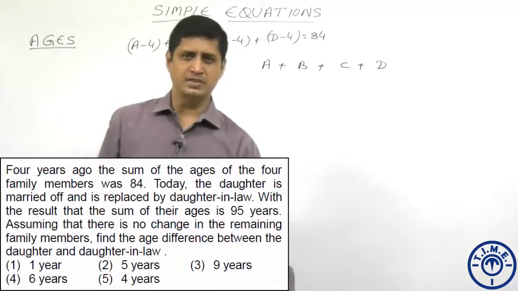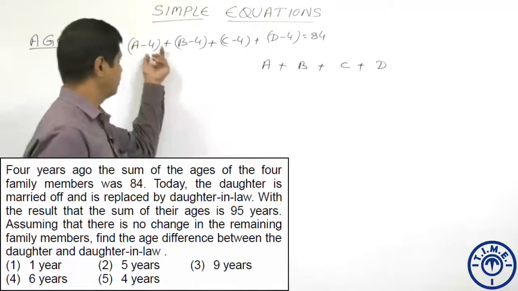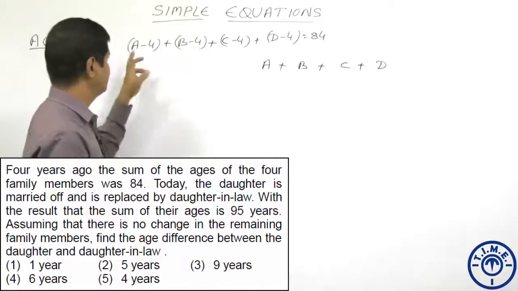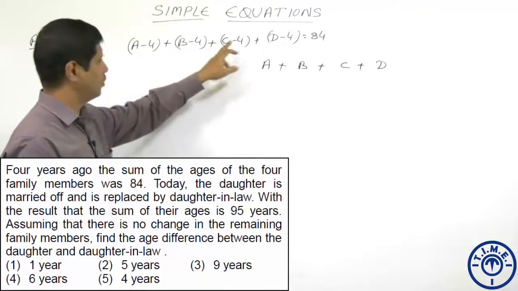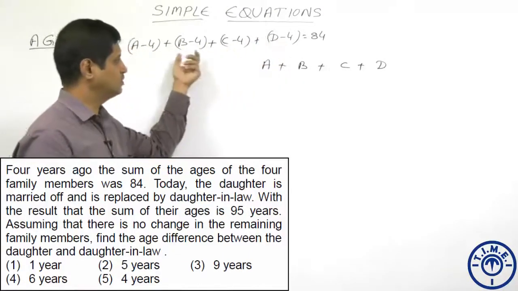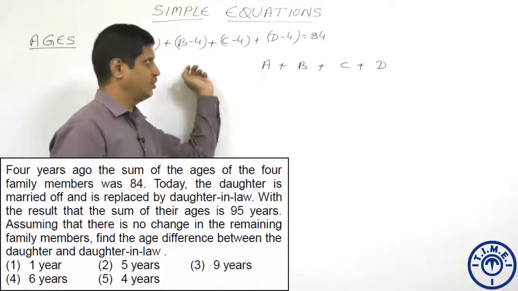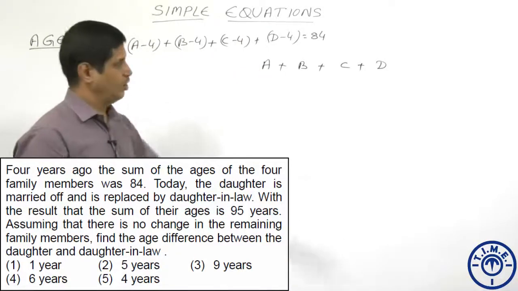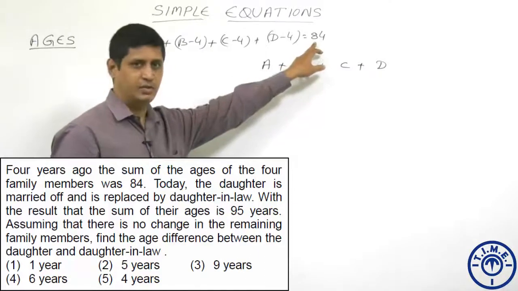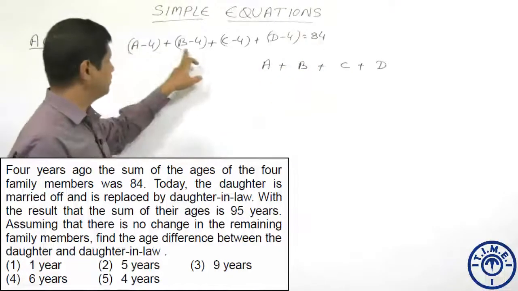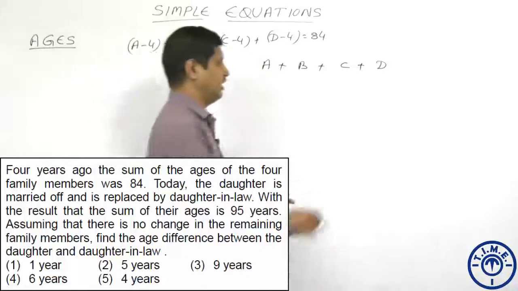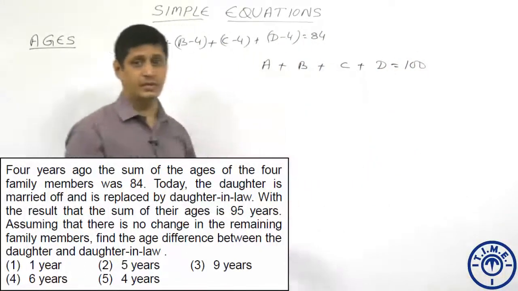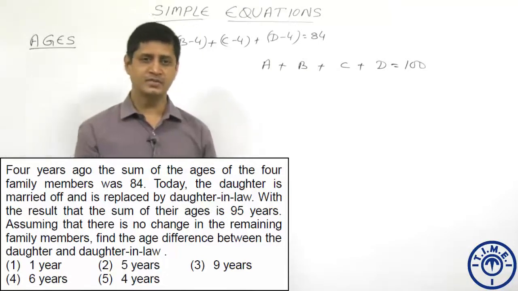Now what is the present sum? Minus 4, minus 4, minus 4, minus 4, in total it is minus 16. When you take it to the other side it becomes positive 16. When 16 is added to this 84, what is the result? A plus B plus C plus D is 100.